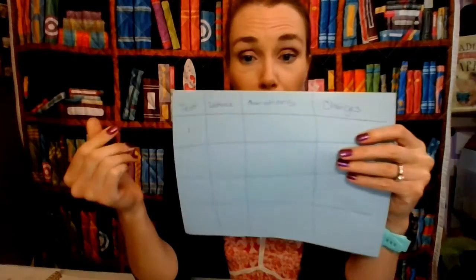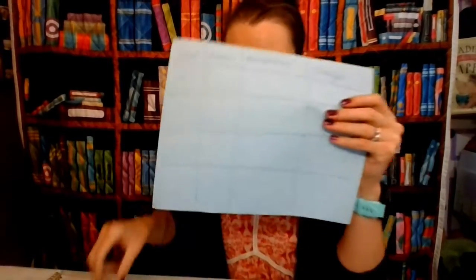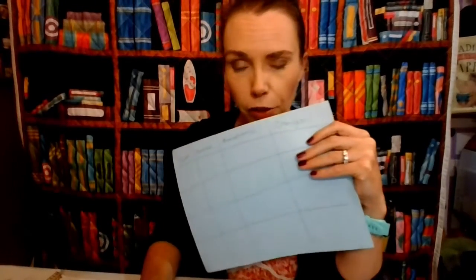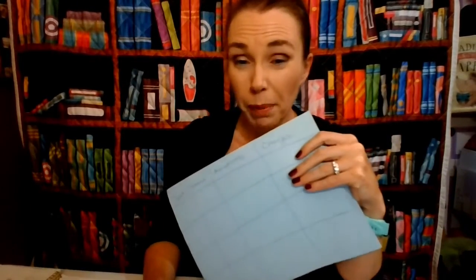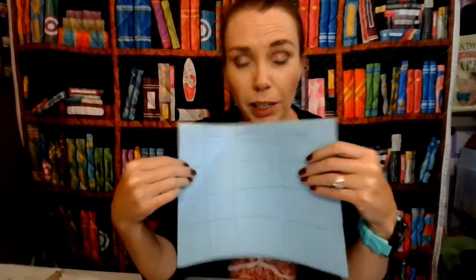So, since I have 3 different airplanes, I could do A, B, and C on here for my different airplanes. Make sure you remember which ones are A, B, or C. And you can make your observations, or again, you can do 3 different sheets if that's a little easier for you to keep them straight. Or you could just do it with one airplane. If you just want to do it with one, that also would work as well.